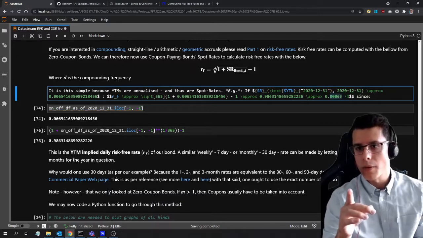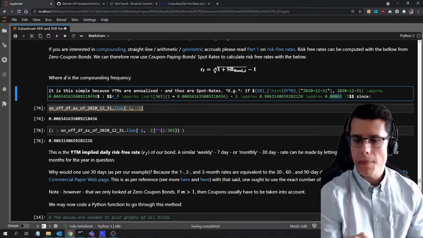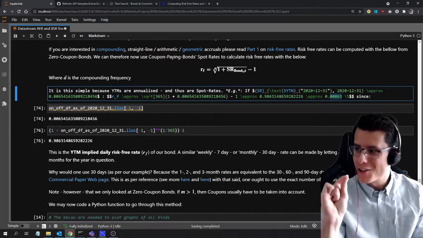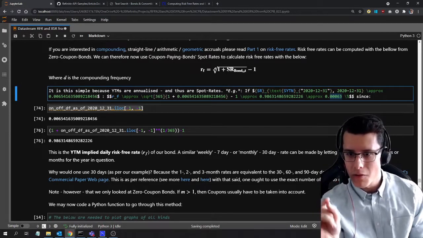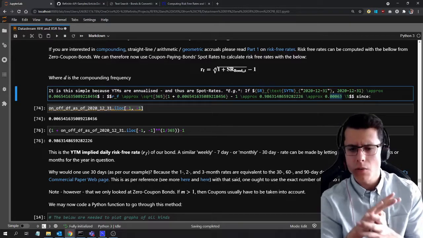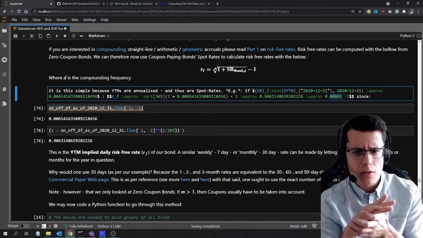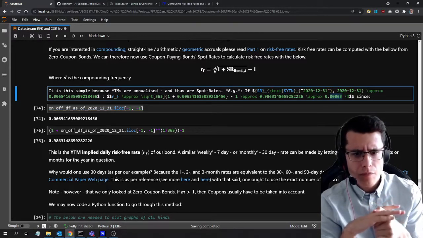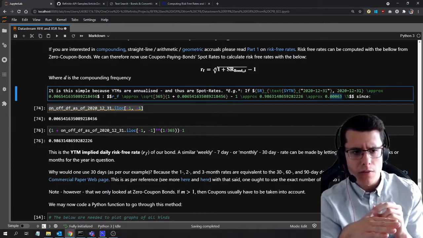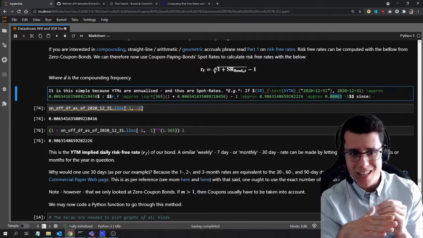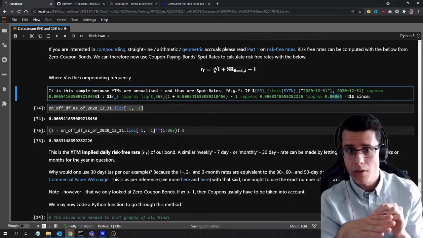And it makes sense as well, because the previous one we were looking at was 1 month, and 1 month spreads tend to be ridiculously thin, so you can see there's 0.00063, whereas here it's 0.9. No, that can't be right for the daily compound risk-free rate.